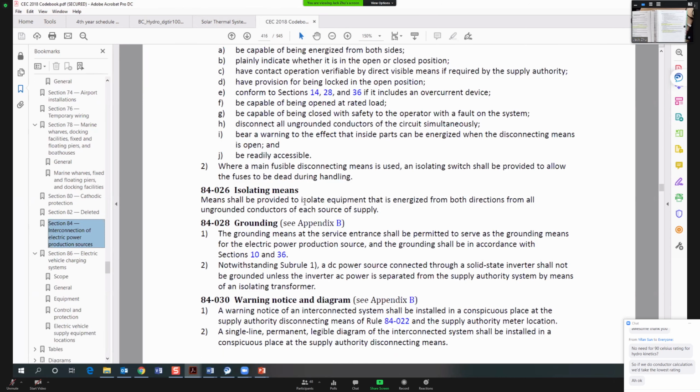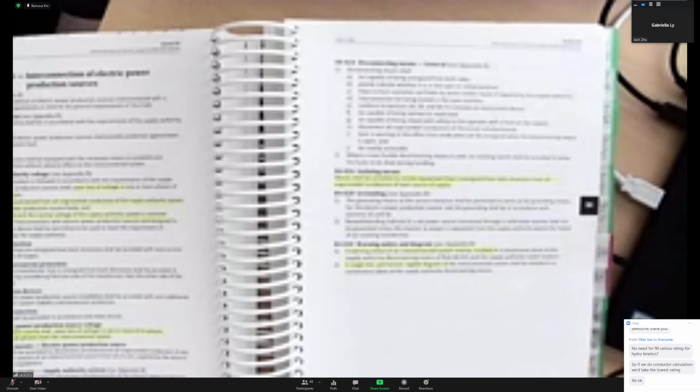Means shall be provided to isolate equipment that's energized from both directions from all ungrounded conductors of each source of supply. So you should be aware of that section, but I'm not going to test you on section 84.